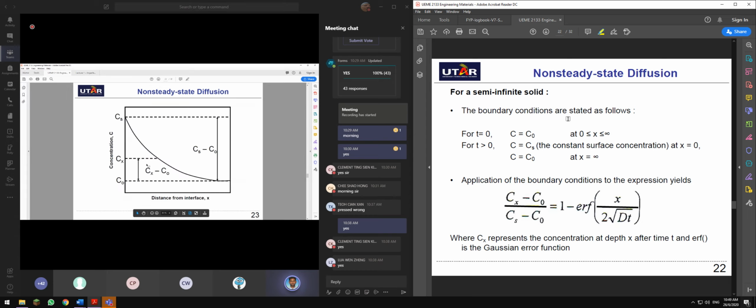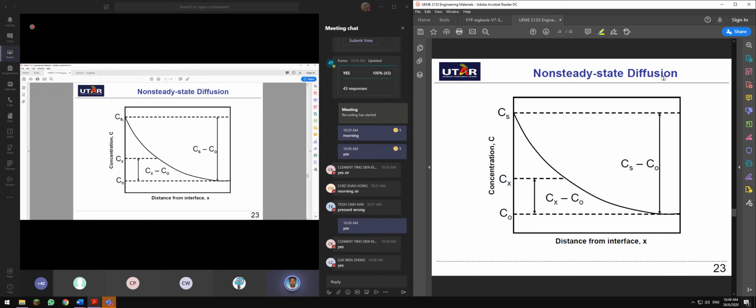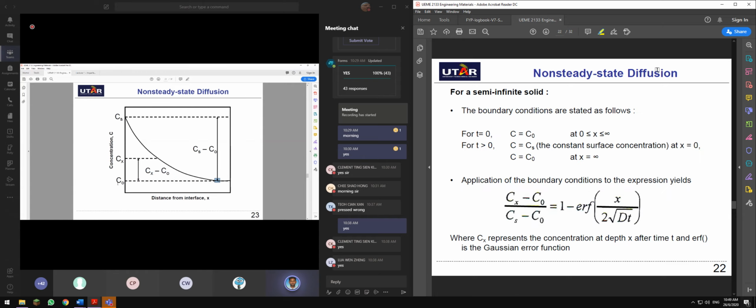Okay, so this is the concentration profile. At x equals 0, that is your surface concentration, high concentration. Once the diffusion takes place at the surface and you are traveling beyond the surface, the concentration becomes C0. And this is your Cx, any distance between the surface and the end of your x, which is C0.